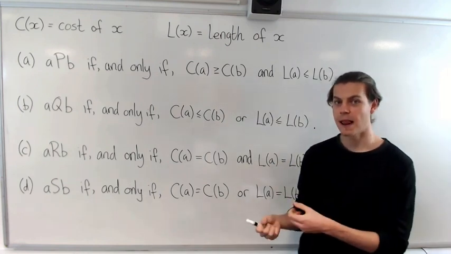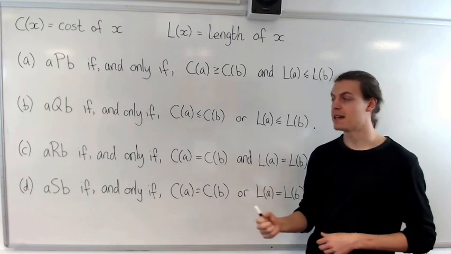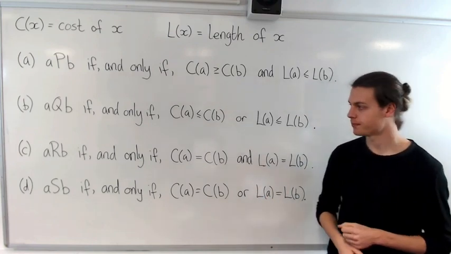If A is related to B and B is related to C, then A is related to C.